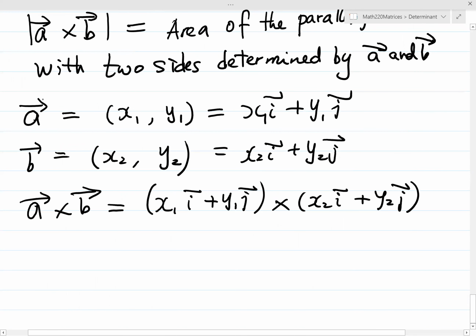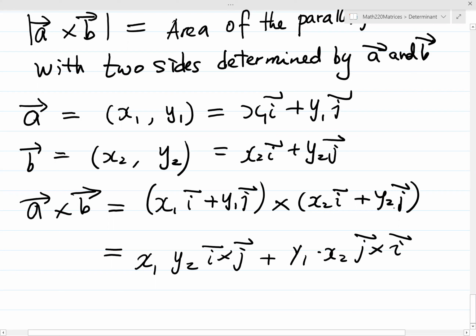I cross I is 0, so there's no I cross I. Then I cross j: we have x1, y2, I cross j, which gives k. Now y1j times x2i, so j cross I. Remember, j cross j is 0, so that's gone.